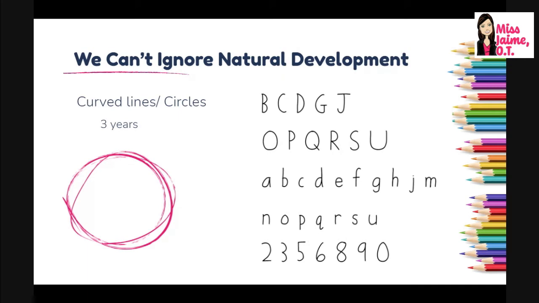The lowercase letters, especially, have a lot of curves and straight lines mixed in, and this requires a lot more dexterity and motor planning. So, again, if our kids at 3 years old are only supposed to be able to make a circle, we don't want to be asking them to write their name, especially for some of our kids who have really long names.